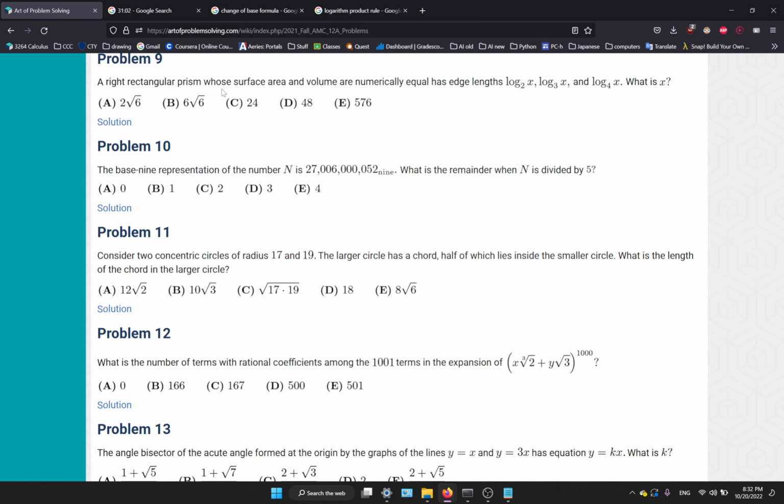So for this 27 million number, oh, that's not even million. This is equal to 2 plus 5 times 9 to the first. This is to the second, third, fourth, fifth.